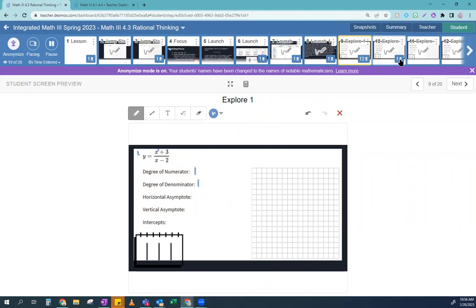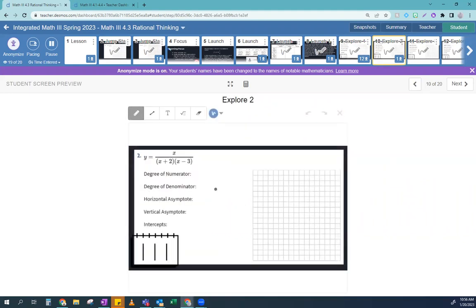Okay, just for fun, let's skip over here. Can you fill out the degree of the numerator and the degree of the denominator? All right, what do you guys think? Numerator, 1, very good.